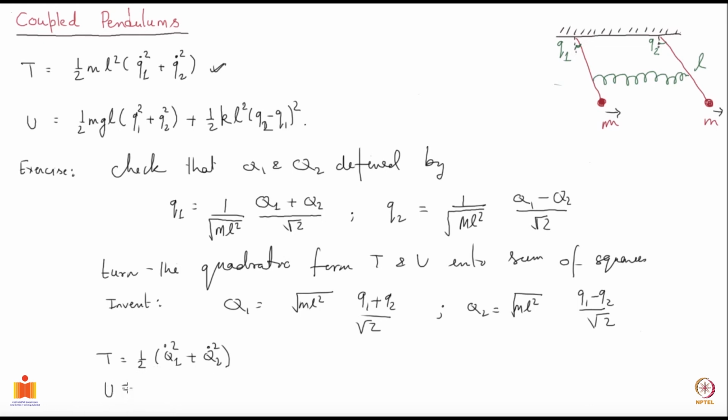But the V now becomes a sum of squares, and this is what you should verify: half of (G over L) Q1 square plus half of (G over L plus 2k over m) Q2 square. And there are no cross terms involving Q1 and Q2.